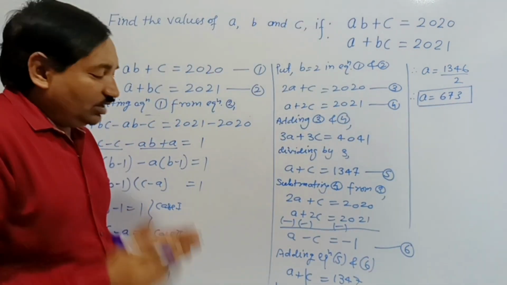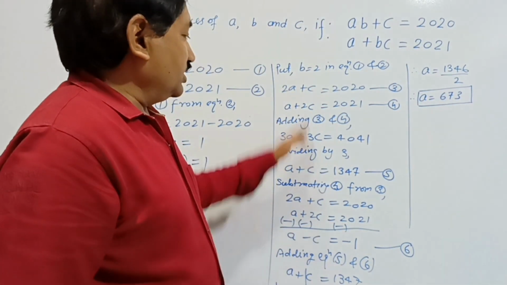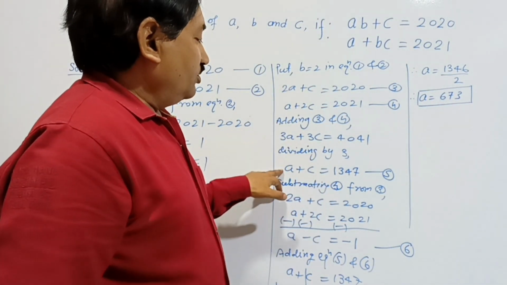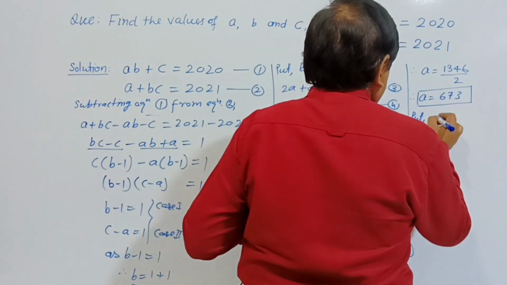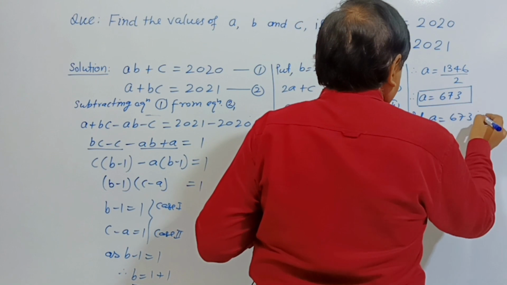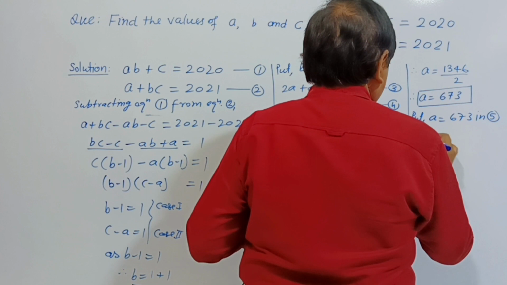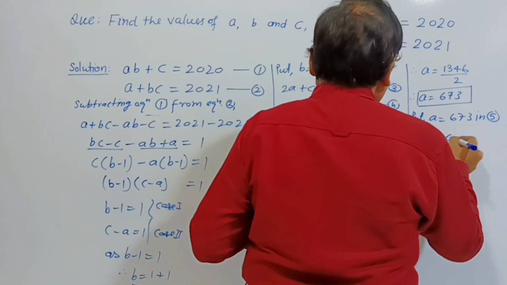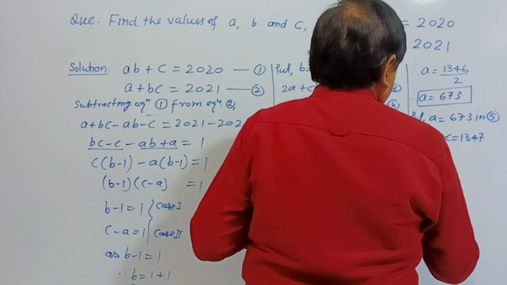If we put A equal to 673 in equation number 5, we get 673 plus C equal to 1347.